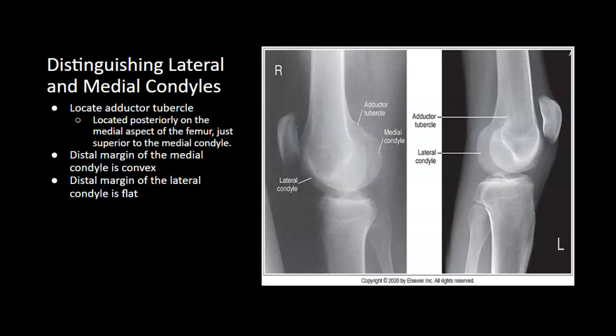The first step to take when evaluating a poorly positioned lateral knee is to distinguish the lateral condyle from the medial condyle. The most reliable method here is to identify the medial condyle by locating the adductor tubercle on the medial condyle, as you can see here.